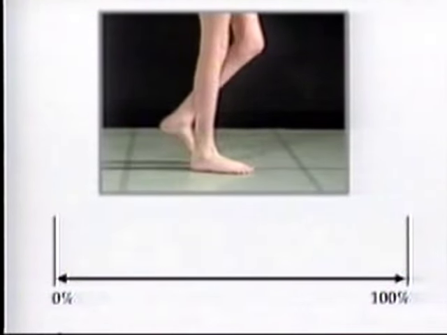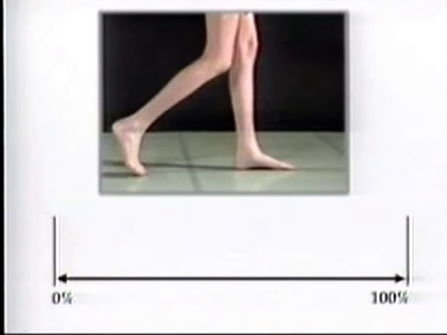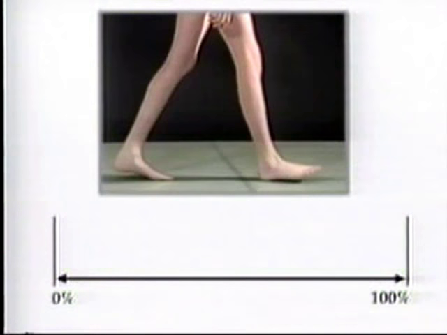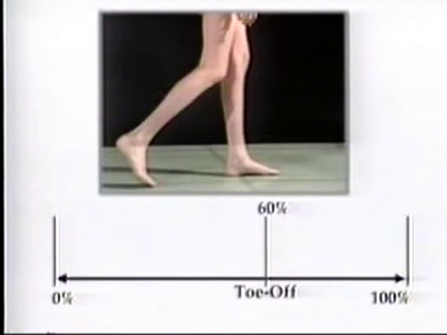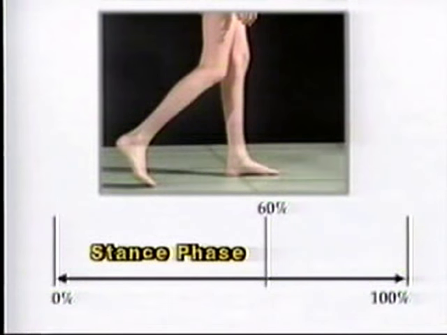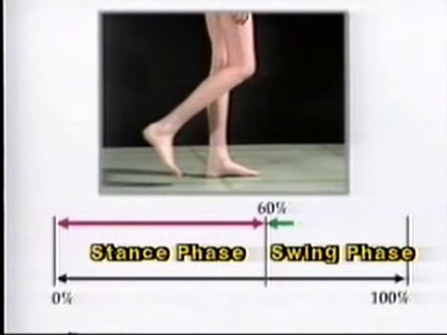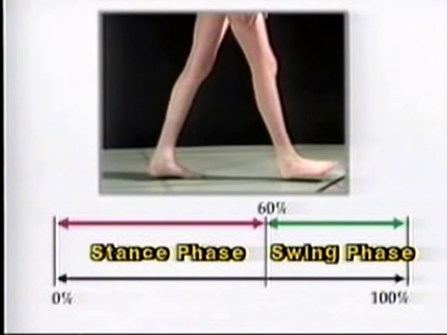The graph below will illustrate the cycle. Initial contact is defined as occurring at 0% and 100% of the gait cycle. During normal walking, toe-off occurs at approximately 60% of the cycle. Therefore, stance phase represents approximately 60% of the cycle, and swing phase makes up the other 40%.